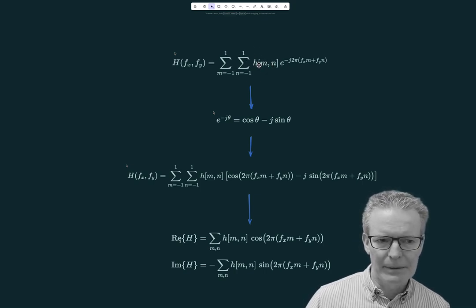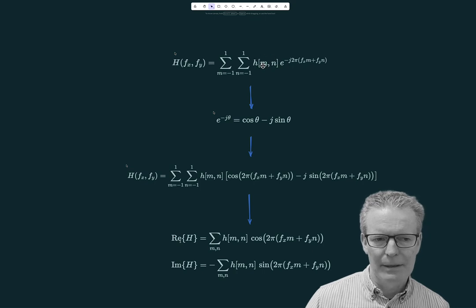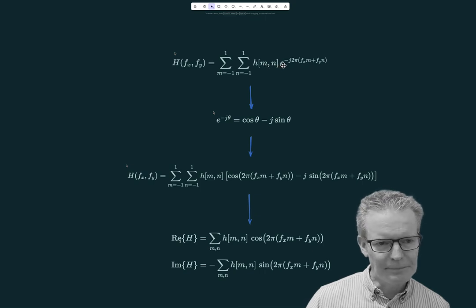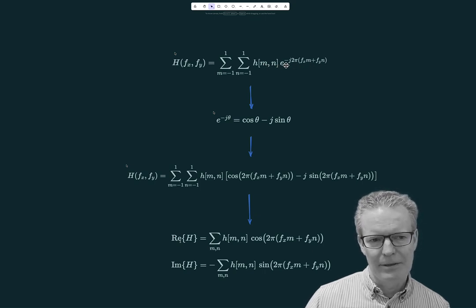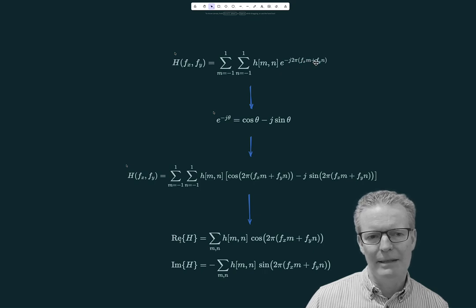Then we pick out the values of the filter kernel and multiply each one of them by this expression here. So the exponential of, again, minus the imaginary unit times 2 pi, and then in the parentheses the x frequency times the m index and the y frequency times the n index.